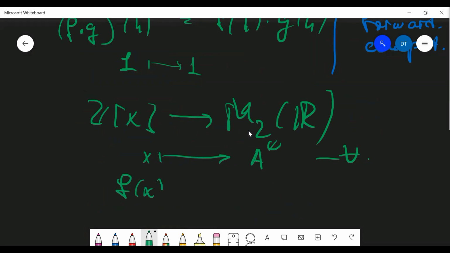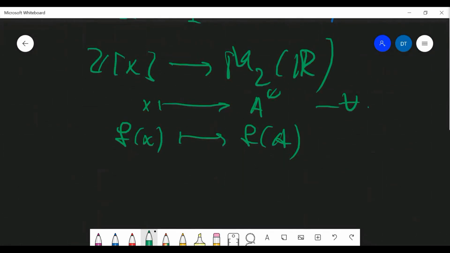So each polynomial f of x goes to f of A. You just substitute a square matrix into a polynomial. So that's how this rule works. For example, if you have something like 2 plus 3x squared, it goes to 2 times E, where E is the identity of the matrix ring, plus 3 times A squared.